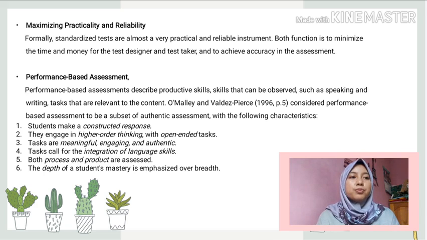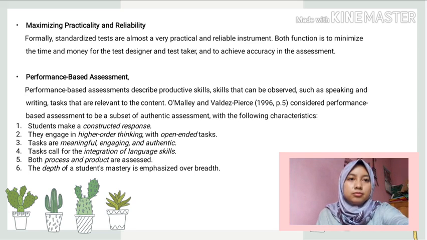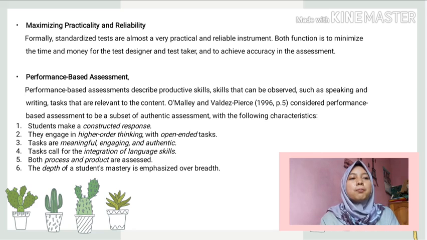Tests as part of our assessment process do not need to violate the principles of authenticity, intrinsic motivation, and student centering. Along with several new alternatives in assessment, tests become an indispensable component in the curriculum. Remember that assessment and teaching are partners in the learning process.